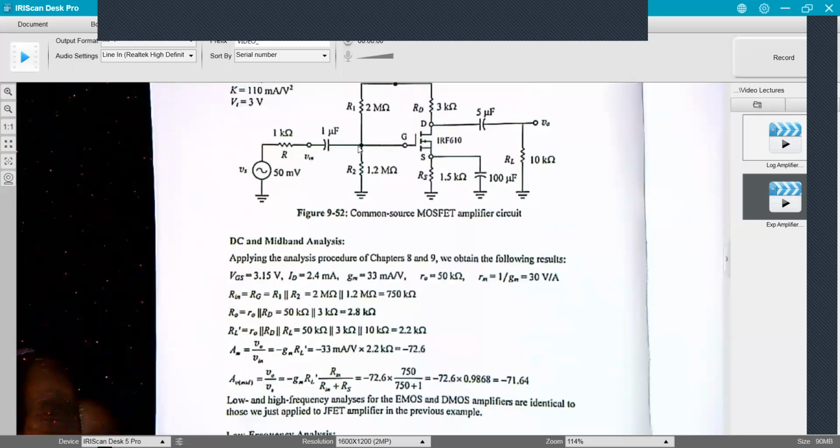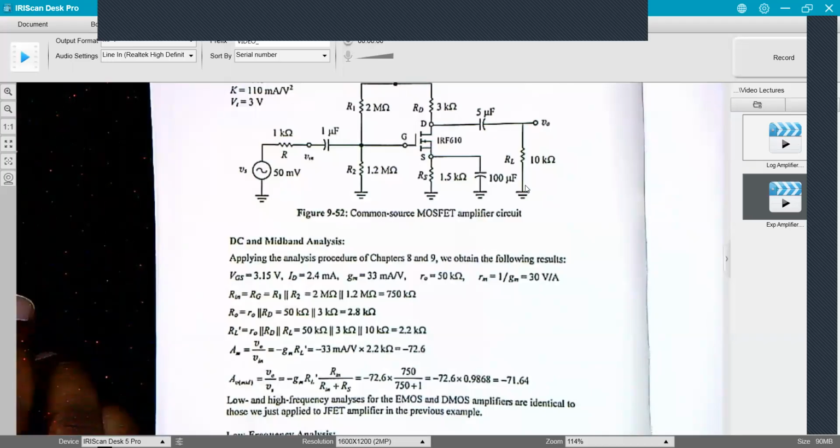So we calculate our input impedance, Rin, which we call RG because it's connected to the gate, which is R1 in parallel with R2. So it's 2 megohms in parallel with 1.2 megohms, or 750 kilohms. That's the impedance looking into this node. Then the output impedance is the impedance seen looking into this node.